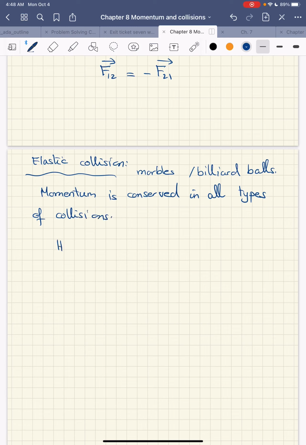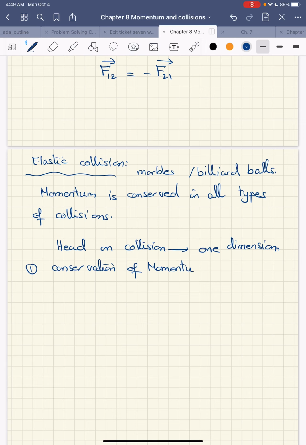For example, we will do now head-on collision, and this is considered to be one dimension. And we will do, of course, two-dimensional. Now, first, you should apply conservation of momentum.